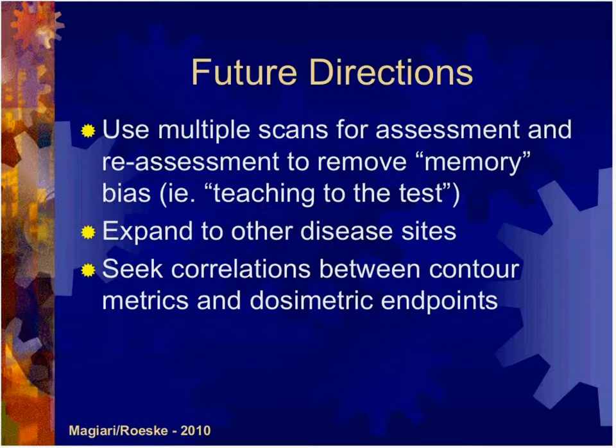Dosimetrically, our endpoints weren't significant enough to say that anybody really was outside of tolerable. So we were thinking in the future to use multiple scans for assessment, and basically use the same scan for intra-dosimetrist, but then use multiple scans to see if there's improvement.